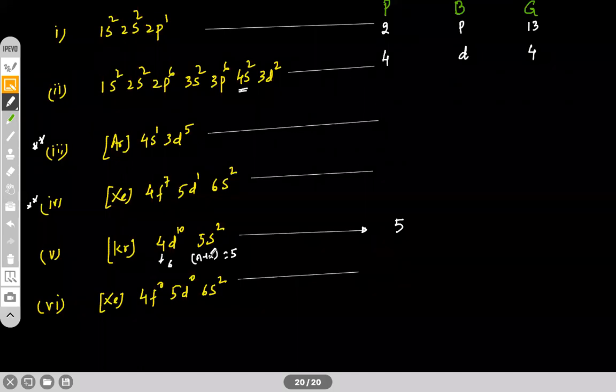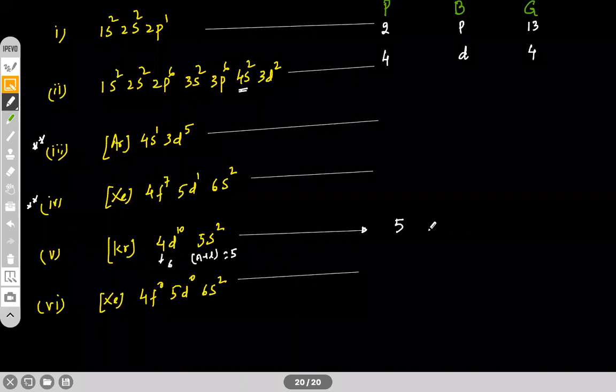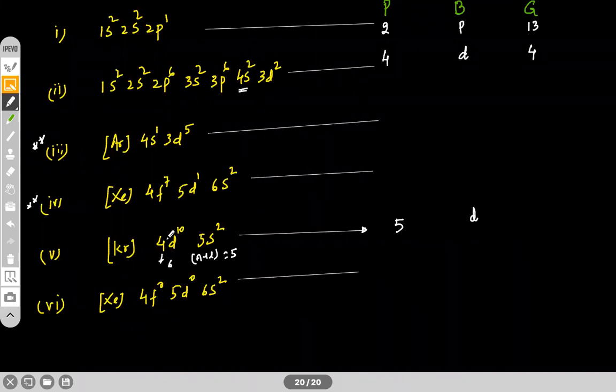The n plus l value for 5s is lesser than that of 4d, so the electron first goes into 5s and then into 4d. So the block is d block, and the group is 10 plus 2, the 12th group. No doubt in this? Tell me, yes or no?